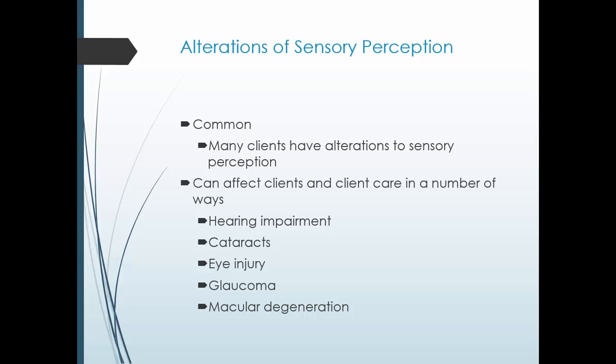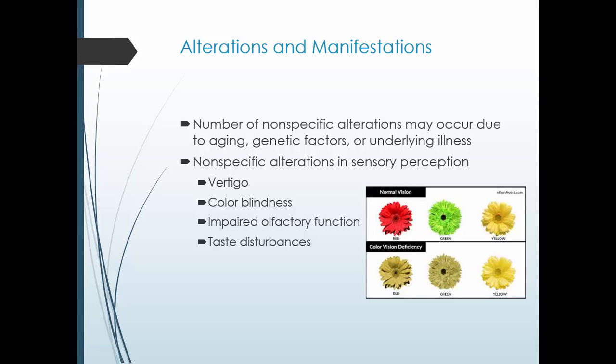Looking at alterations of sensory perception, it is common for many clients to have alterations to sensory perception, and they can affect clients and client care in a number of ways. Specific alterations are hearing impairment, cataracts, eye injury, glaucoma, and macular degeneration, which we'll talk about more in detail in the upcoming exemplars.